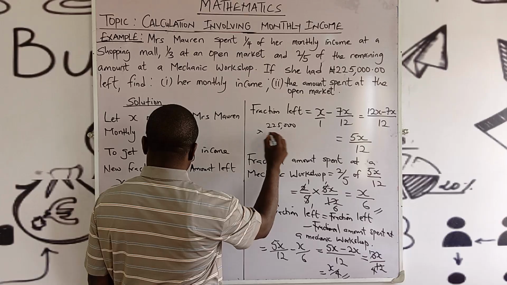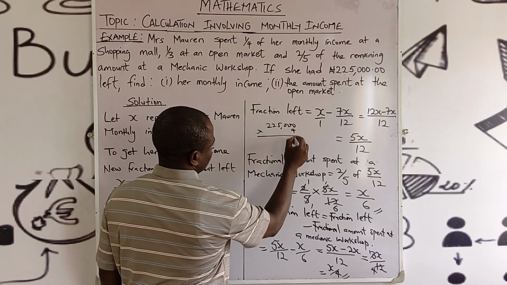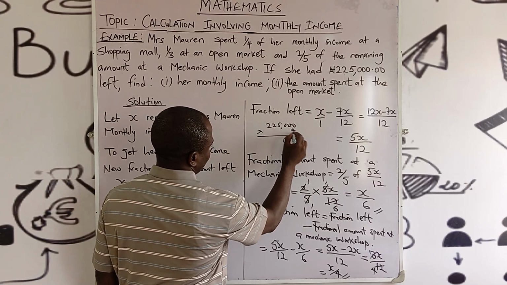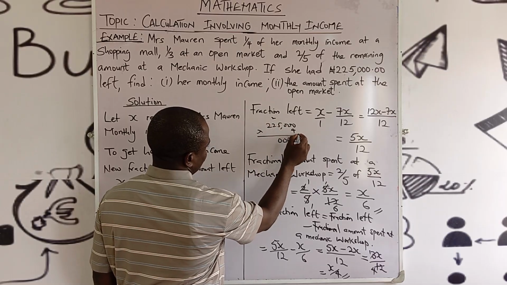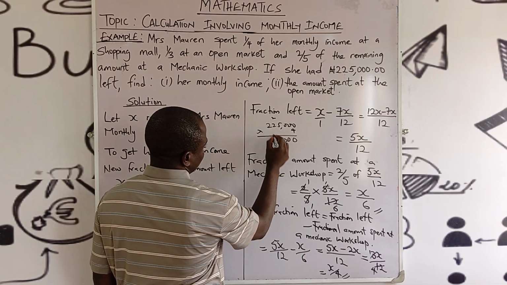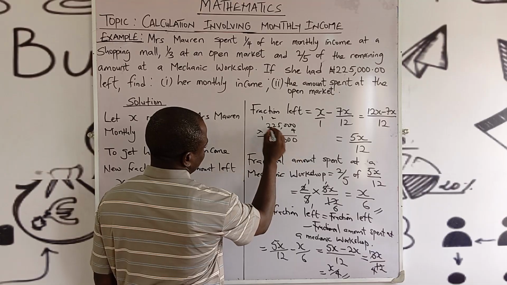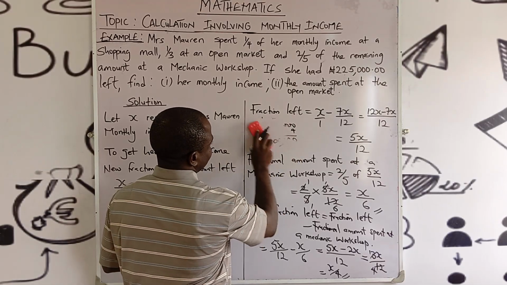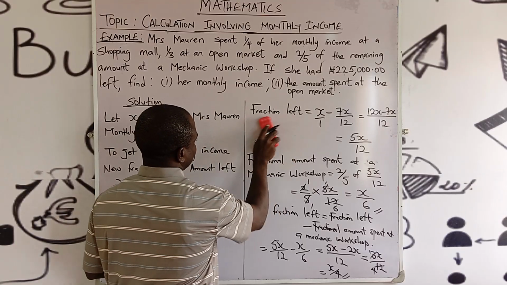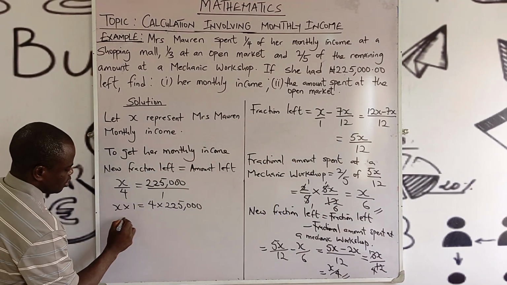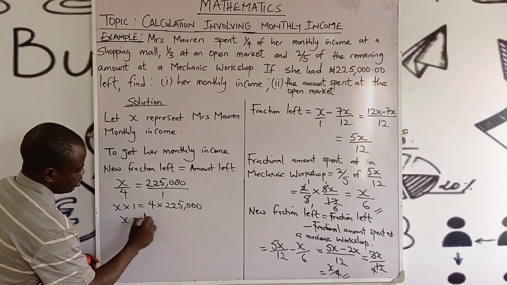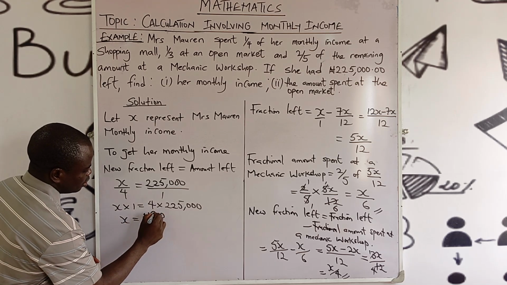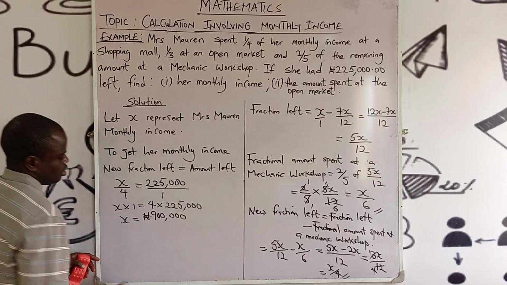Let's multiply that. 225,000 times 4. 4 times 0 is 0, 4 times 0 is 0, 4 times 0 is 0, 4 times 5 is 20, 0 carry 2. 4 times 2 plus 2 is 10, 0 carry 1. 4 times 2 is 8 plus 1 is 9. That's 900,000 naira. X times 1, that's X, equals 900,000 naira.